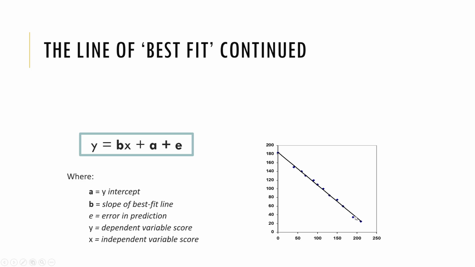Well, that would represent an error in the prediction. And so in a proper regression equation, there would always be a term for error. But the principle stays the same. And actually, again, what we know is that if we run the regression in SPSS, it will produce the estimate of error for us as well. And we can use this formula then to predict a hypothetical case's outcome score.